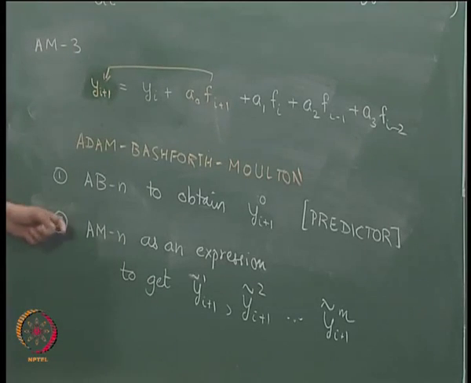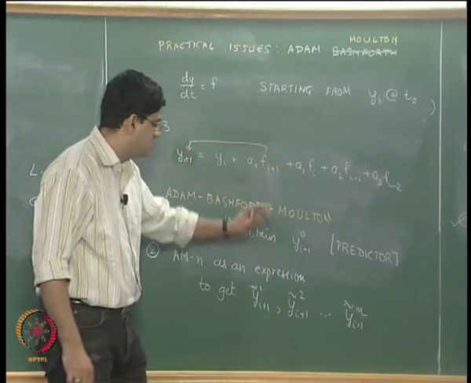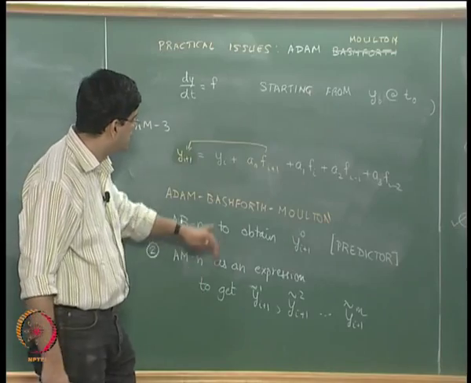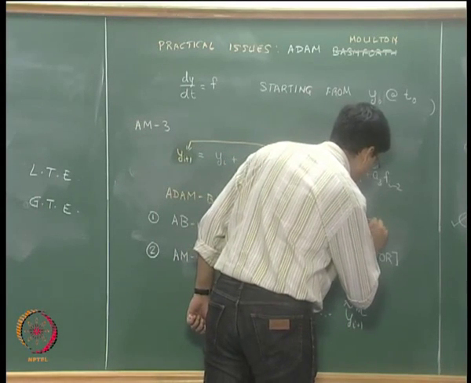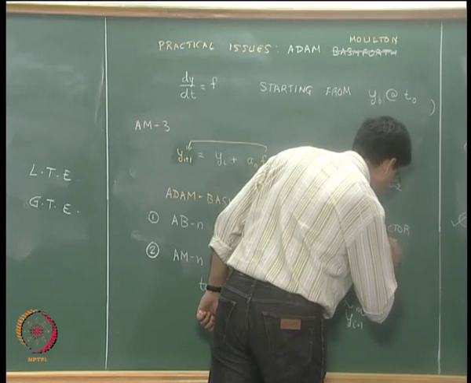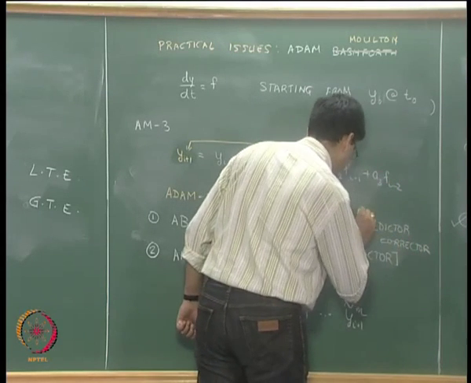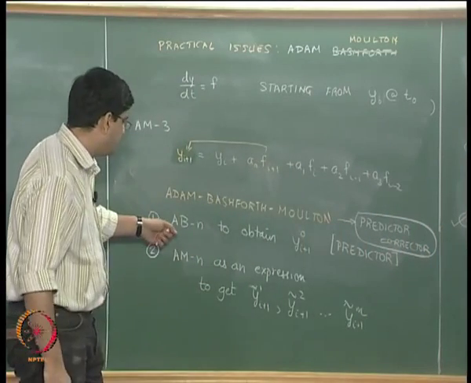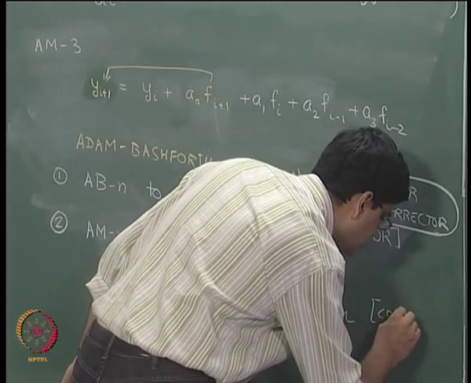So we repeat the corrector equation a fixed m number of times in order to get an improved solution using the Adam-Moulton's method. So Adam-Bashforth-Moulton's method is a predictor corrector method, where the Adam-Bashforth is used as a predictor and Adam-Moulton is used as corrector.